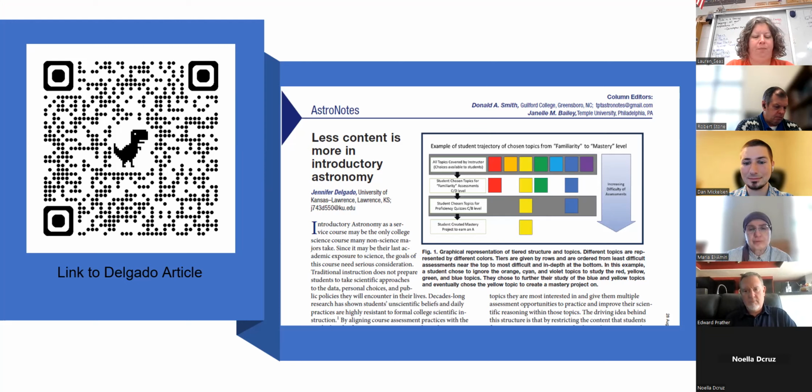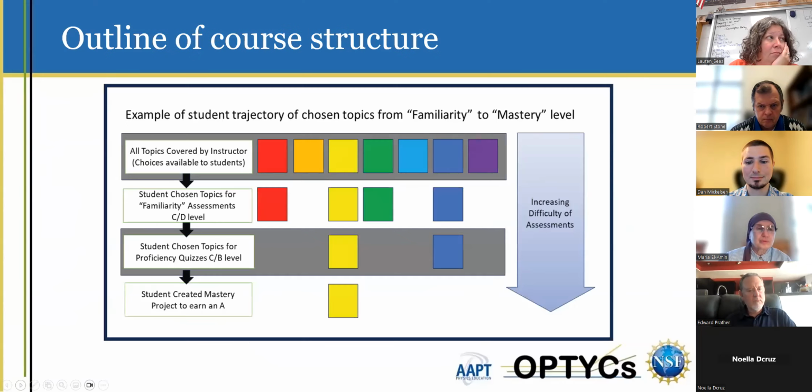Basically what they did is they used a combination of ungrading and mastery. Both of those approaches have been getting a lot of talk in the physics education community lately. And the interesting thing about this approach was the course structure. They started with the instructor basically covering all the topics, just like they would normally do.